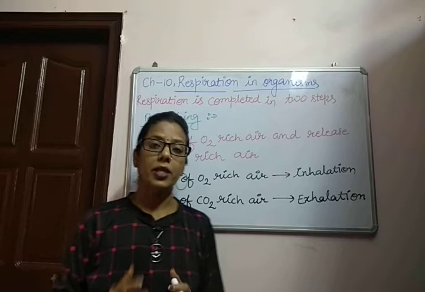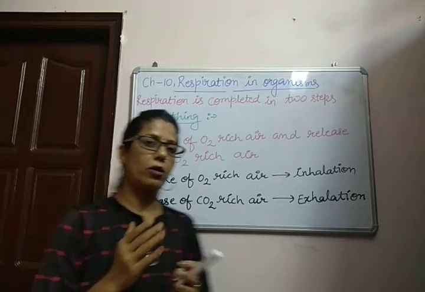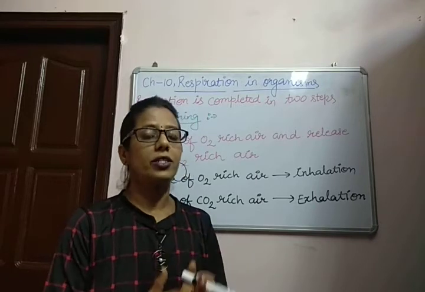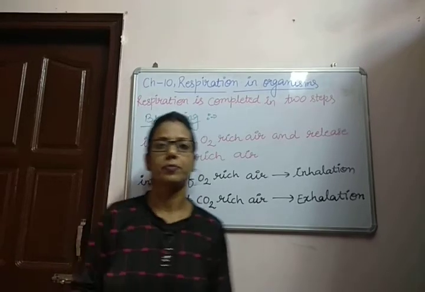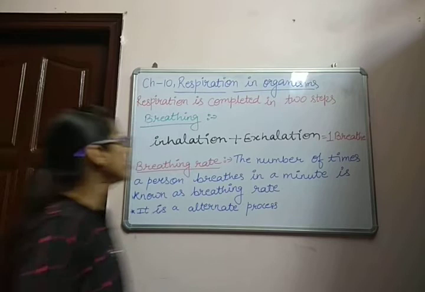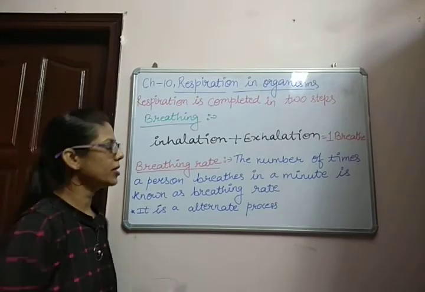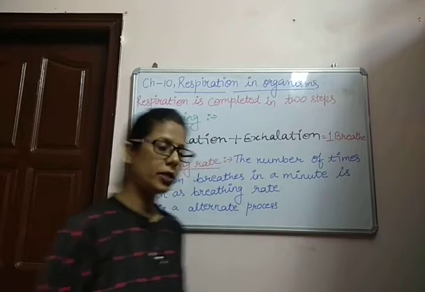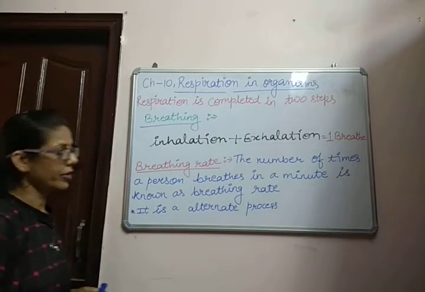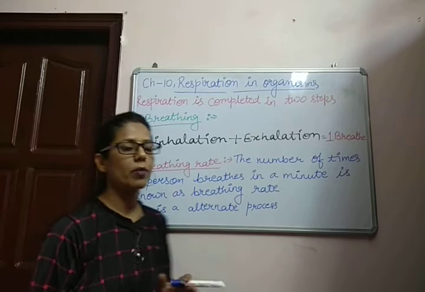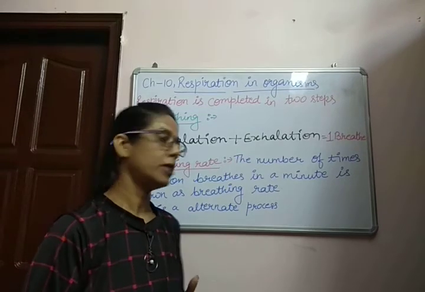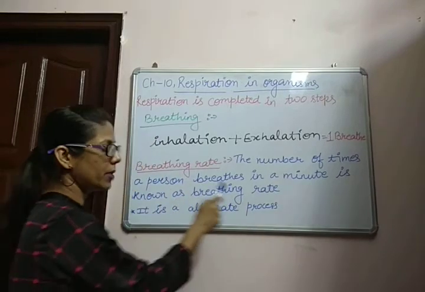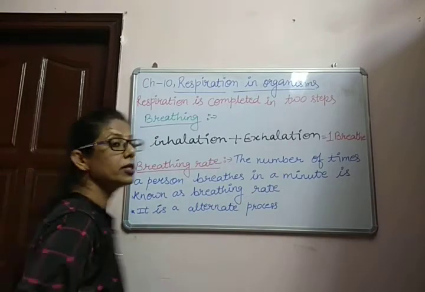So breathing means inhalation plus exhalation, which forms one breath. Now the next topic is breathing rate. Whenever we talk about rate, it means per minute. So breathing rate means the number of times a person breathes in a minute.